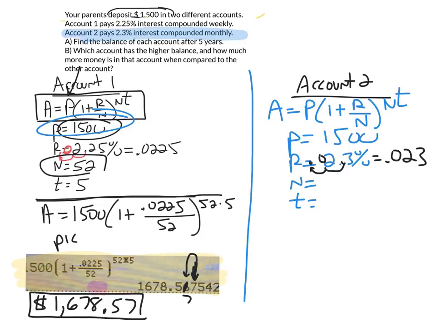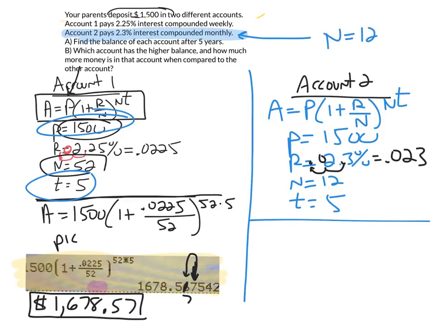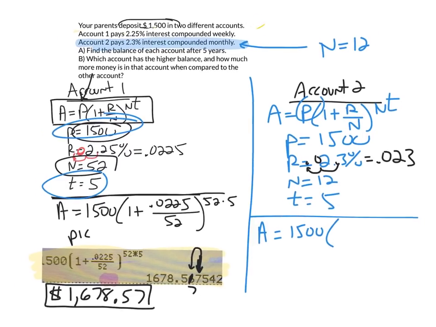The time for both questions, they said, was 5 years. But now for account 2, it said the interest is compounded monthly. So here our n value is going to be 12. So we're going to substitute back into our formula. We have the balance A. That equals the principal, which is 1,500, times 1 plus r over n.